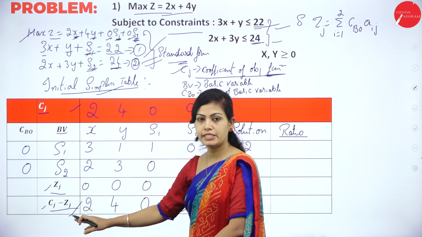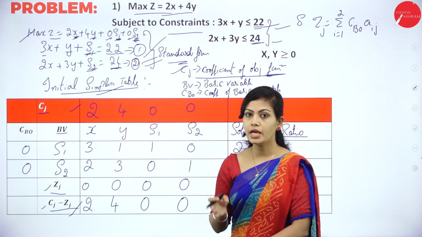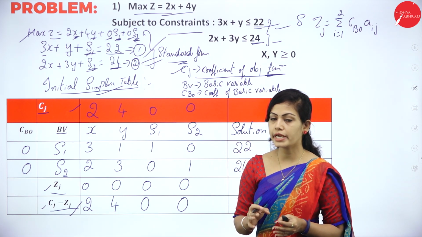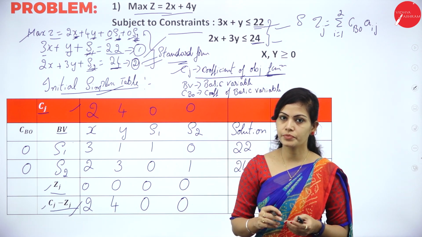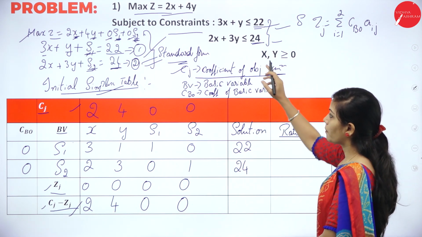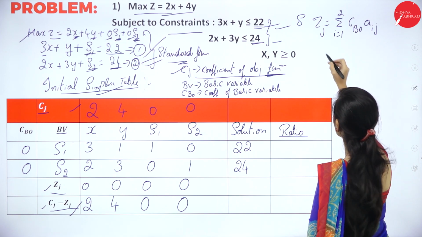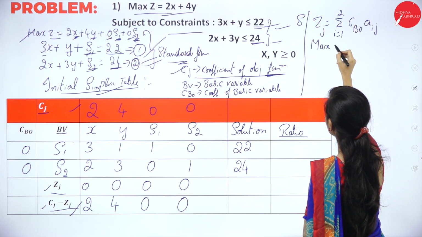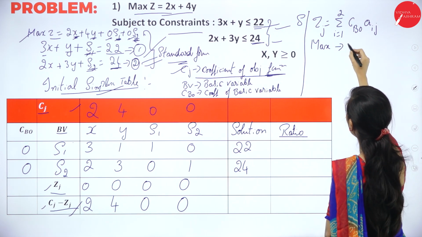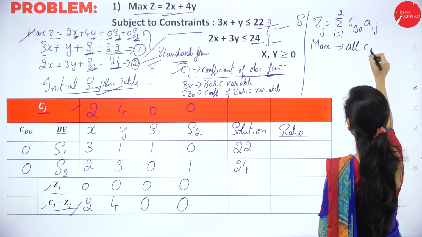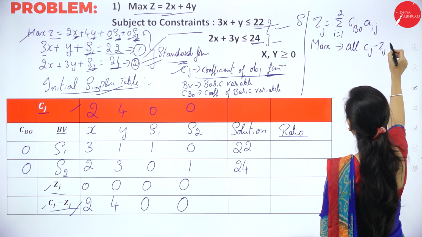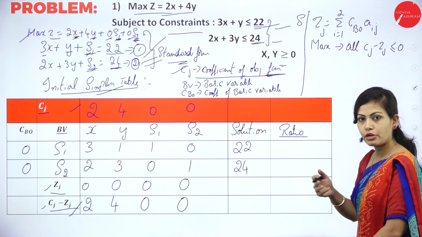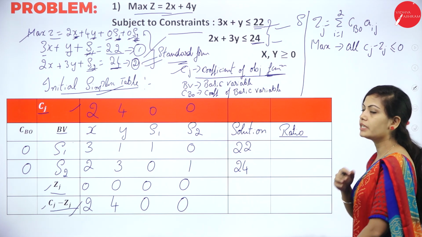After finding this Cj minus Zj, you have to check whether the optimality condition is satisfied or not. So, how to check? Listen carefully. For maximization problem, all Cj minus Zj should be less than or equal to 0. Less than or equal to 0 means it is negative value.